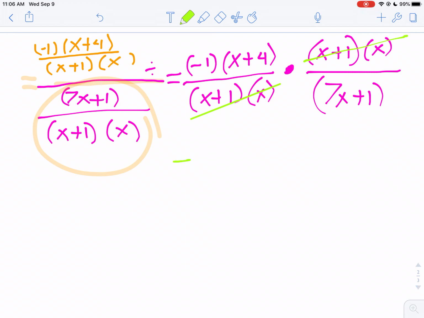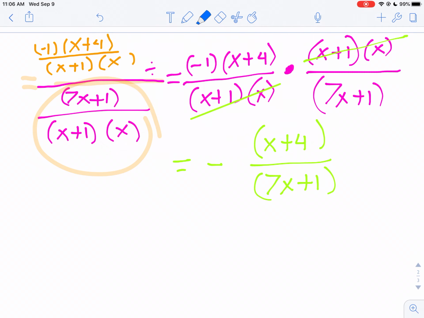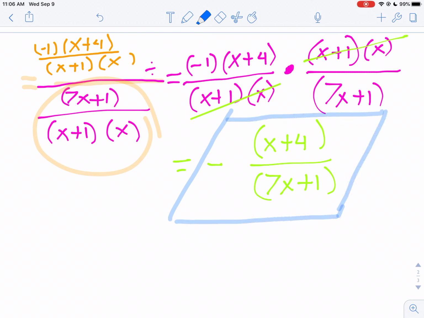That's going to leave us with negative x plus 4 over 7x plus 1. You can put parentheses here if you like. Notice I pulled that negative sign to the front. So your final answer for this problem, hopefully, if you do it with a partner, both of you come to this conclusion: the answer is negative x plus 4 over 7x plus 1.